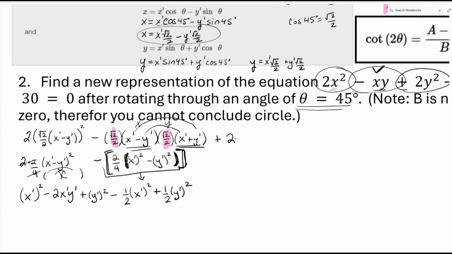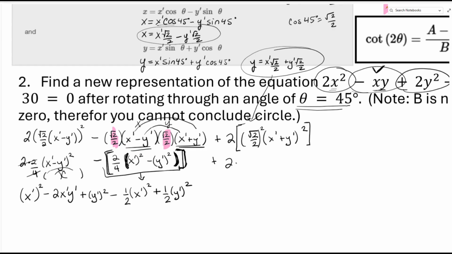2y squared. Okay, well, what's y, right? 2y squared. Well, y is root 2 over 2 times x prime plus y prime. And that whole thing is getting squared. Well, if it's multiplication, I can break them apart and square each one of these separately. Although there is a 2 in front, so I kind of have to be a little bit careful here, right?